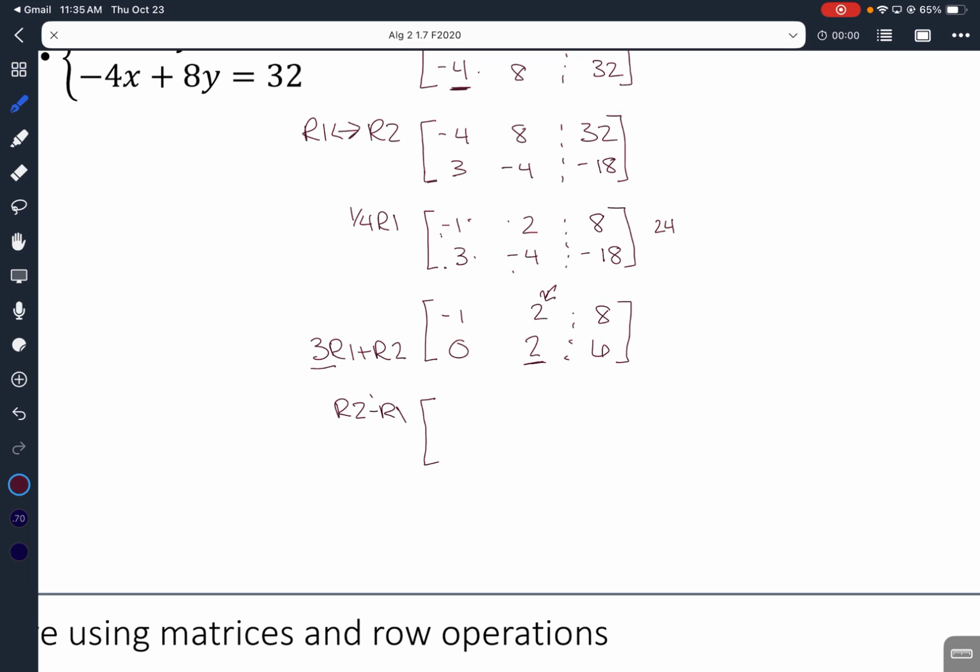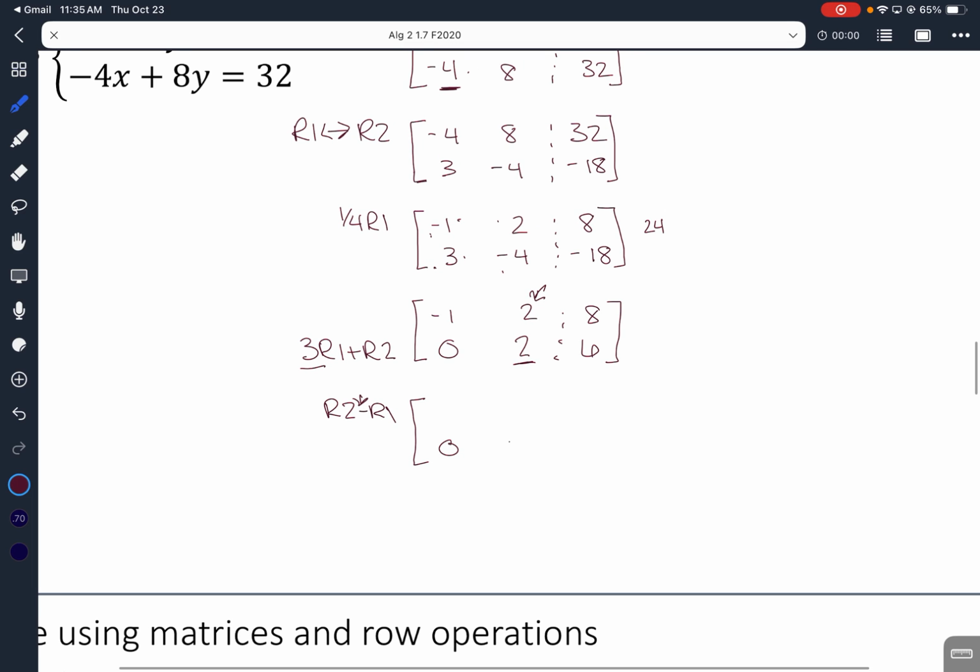So that means row 1 multiplied by a negative, yes? So 0, 2, 6. So that would be 1. And then negative row 1. So negative 2 and 2 would be 0. Negative 8 and 6 would be negative 2. I'm almost there. I need this 2 to be a what?